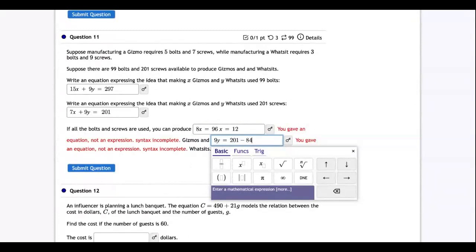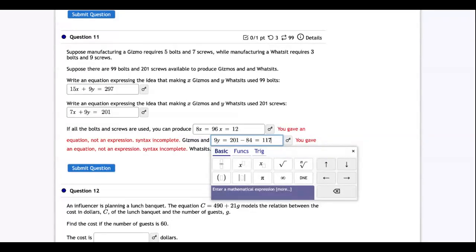That's 117, isn't it? Yes, 117. That is right. 201 minus 84, that's 117, because 117 plus 84 gives us back 201.